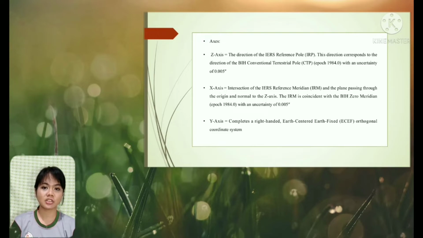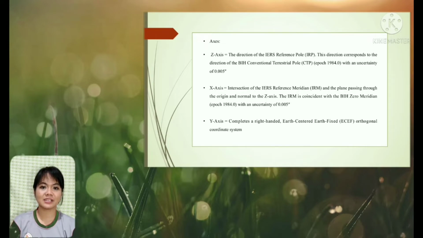This direction corresponds to the direction of the BIH Conventional Terrestrial Pole or CTP. Its epoch is 1984.0 with an uncertainty of 0.005 seconds.